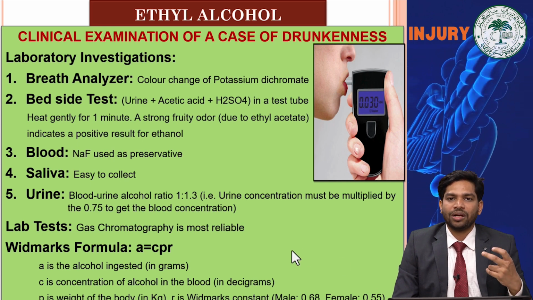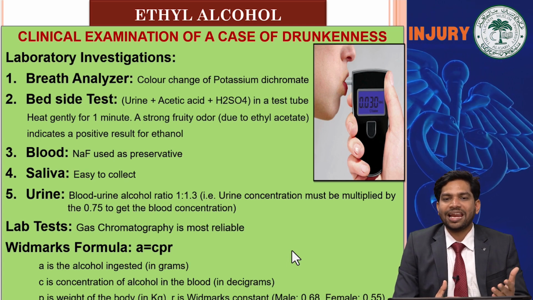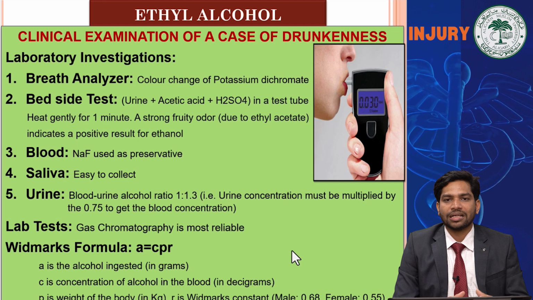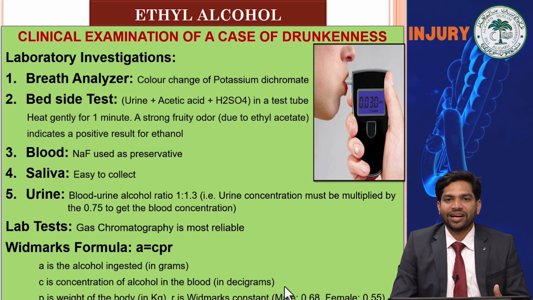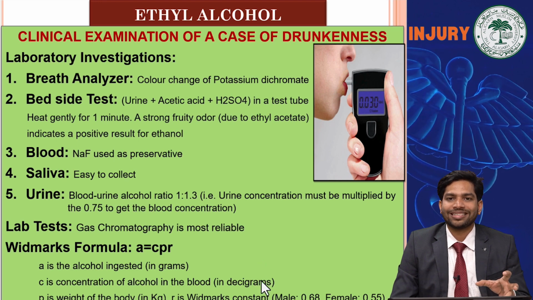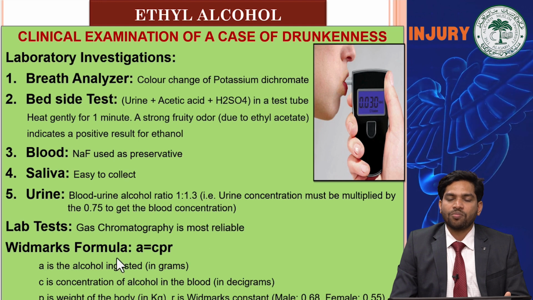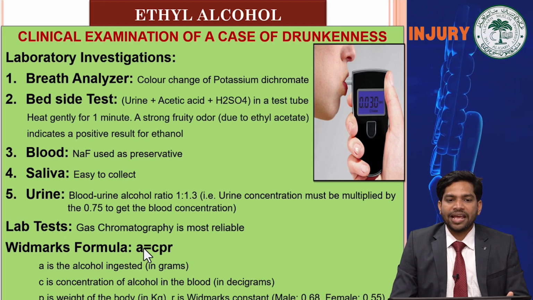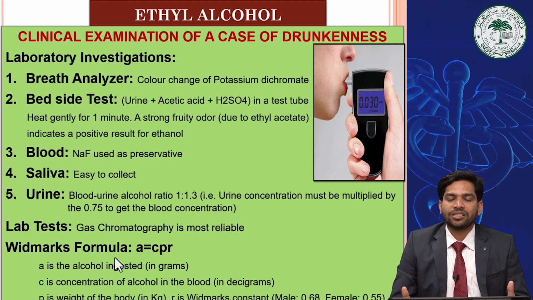You might already know that the same amount of intake of alcohol in male and female gives different blood alcohol concentration. Based on that, Widmark's constant is different for males and females. So this formula has been devised, A is equal to CPR. You may be asked various numericals based on that.